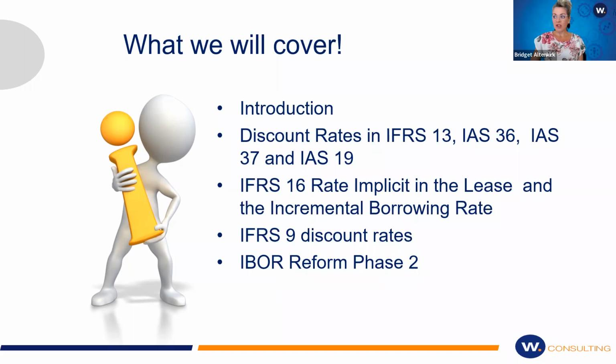And the guidance within these 2 standards is a little bit different to the guidance contained in the previously mentioned 4 standards. So we'll also just touch on IFRS 16 and IFRS 9 so that we can all be familiar with what discount rates are required in those 2 standards. We will then wrap up today's session by going through the IBOR reform phase 2. I'll go into more detail as to what that is when we get to that section.